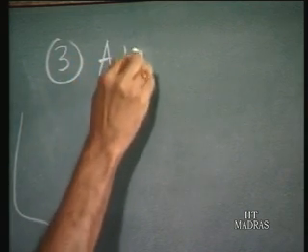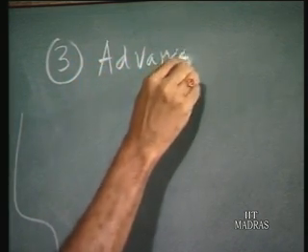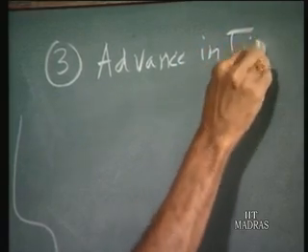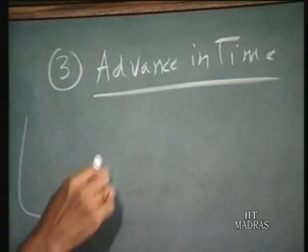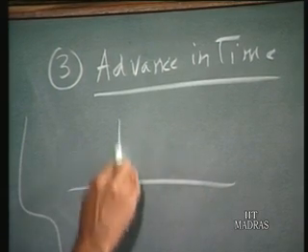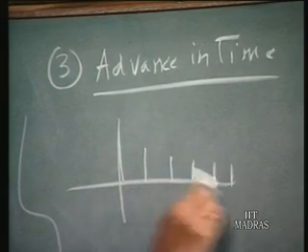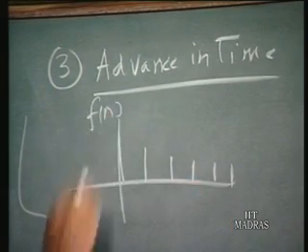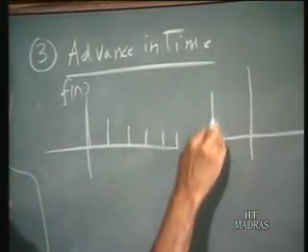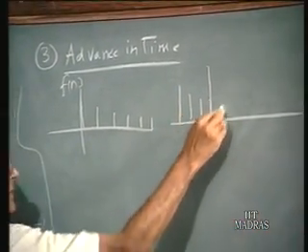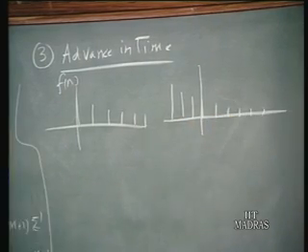Now let us consider what happens if the signal is advanced. Instead of delay, we advance the signal. So if I have f of n like this, if you advance it, it will be like this.